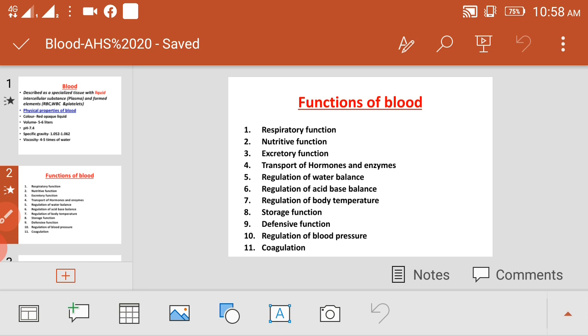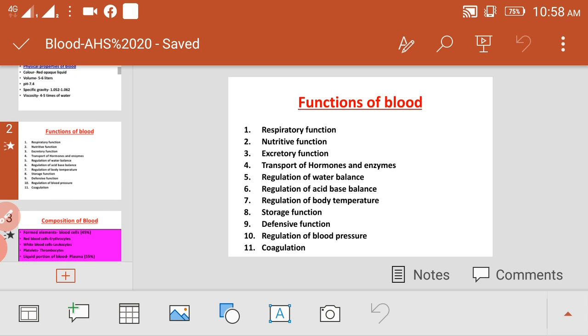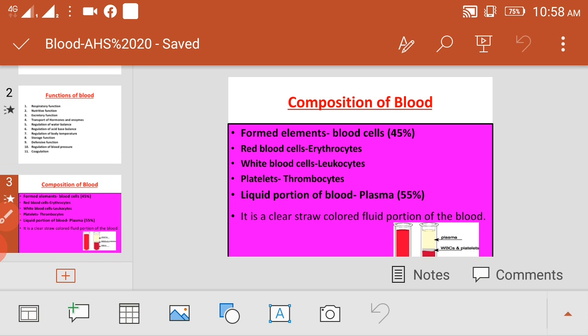Transport of hormones and enzymes, regulation of water balance, regulation of acid base balance, regulation of body temperature. Storage function, defensive function, regulation of blood pressure, and coagulation. In the coming classes you will come to know the functions of each.